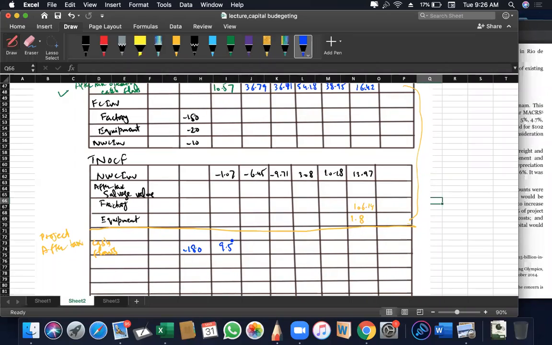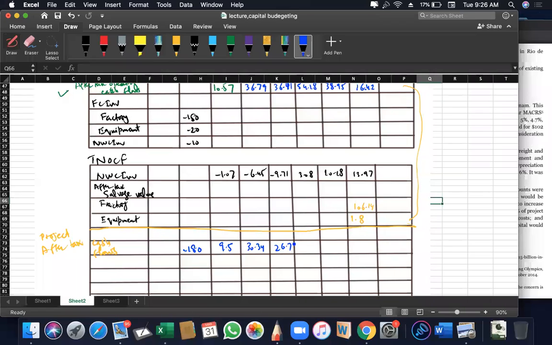Then 36.79 minus 6.45, you get 30.34. Then 36.41 minus 9.71, 26.7.